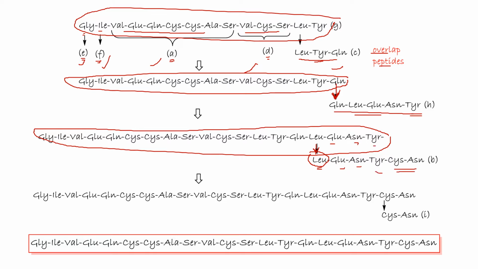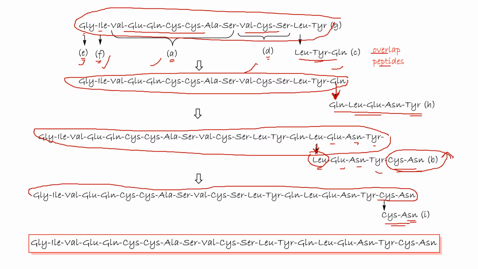And we end up with this unit, which confirmed that the structure is correct because this showed up in the second hydrolysis using chymotrypsin. So this is the acid end, carboxy end. So this is the new sequence with all fragments from A to I. And yes, this is a 21 amino acid sequence.